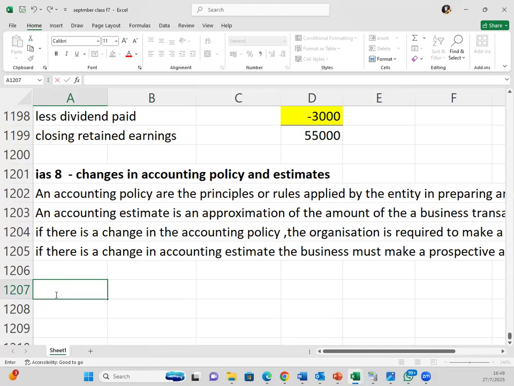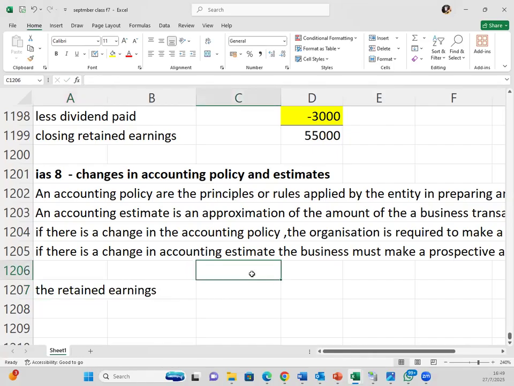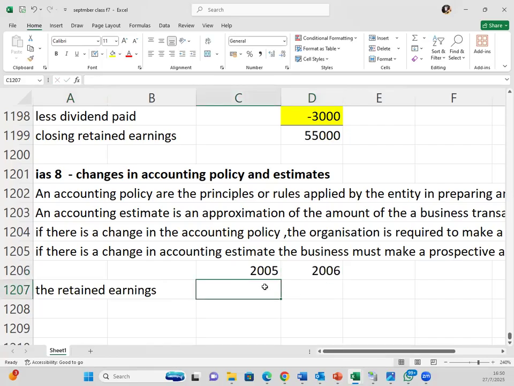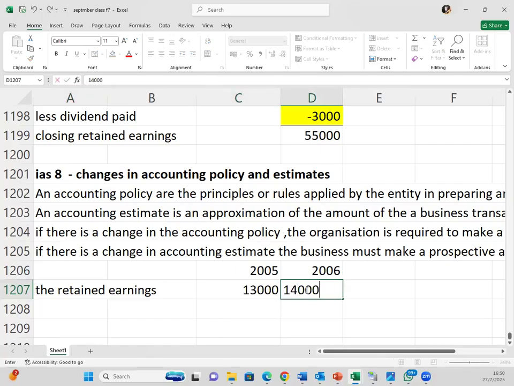So we have the retained earnings for 2005 and 2006: 13,000, 14,000.